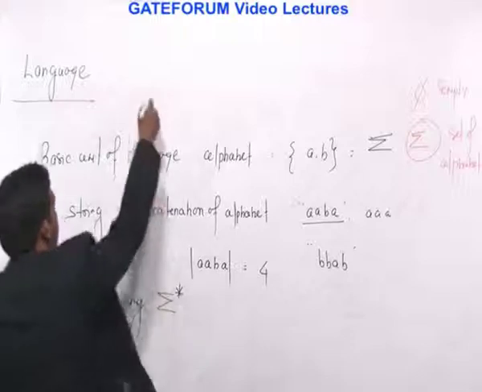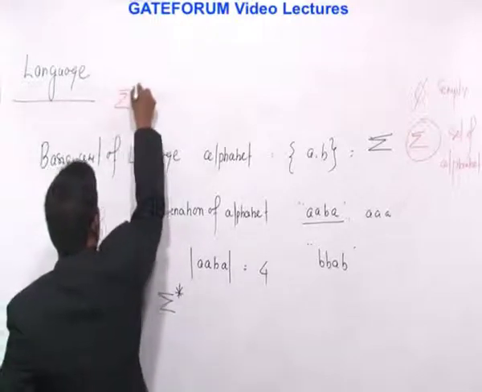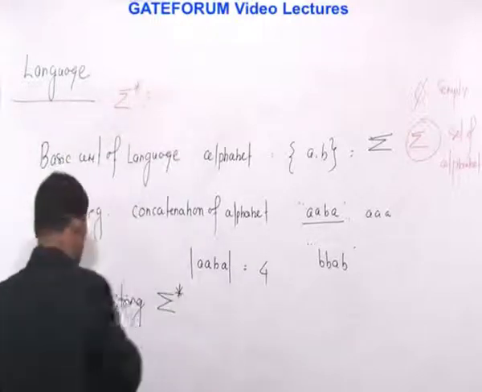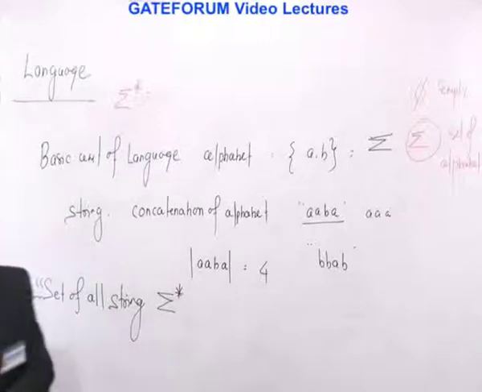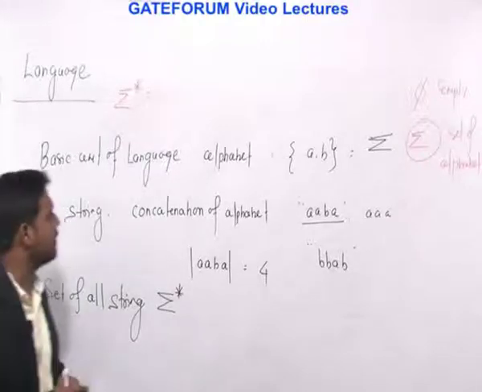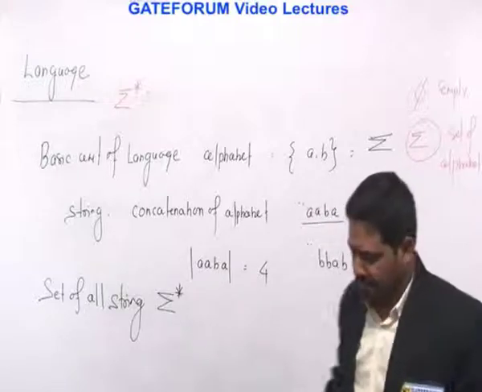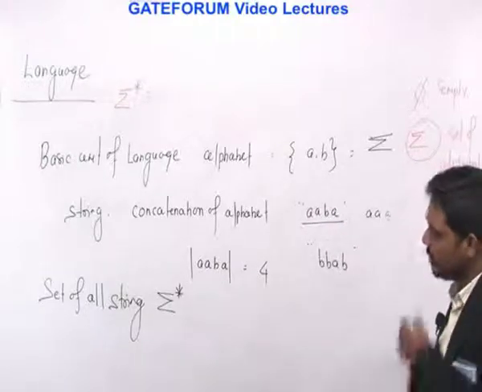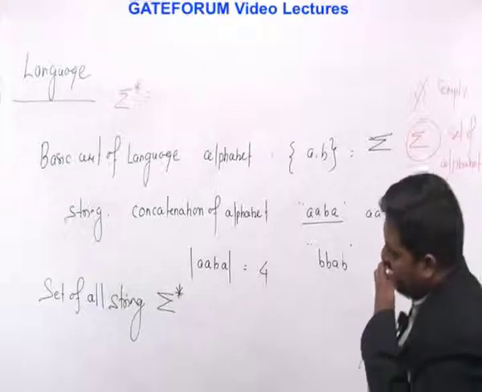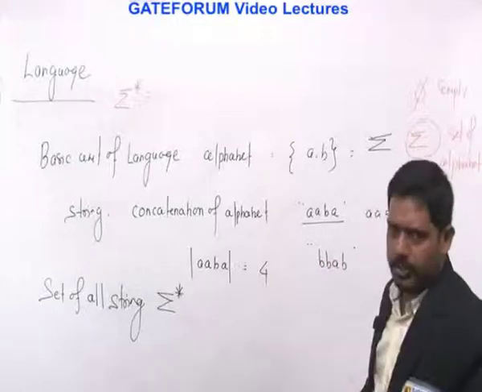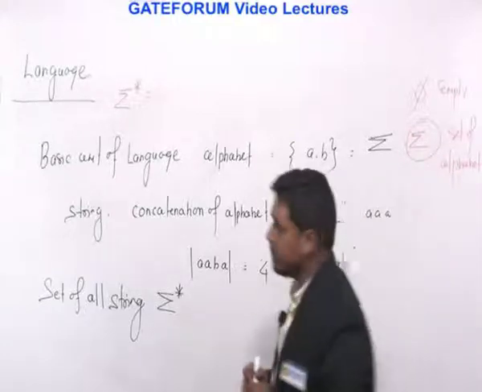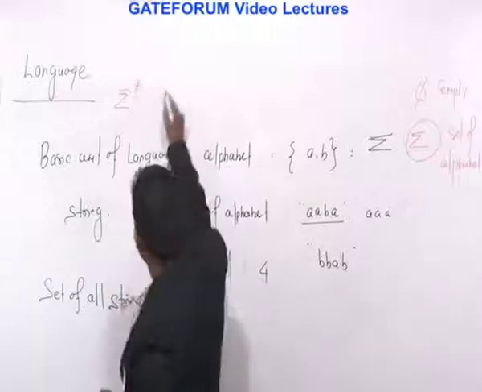So sigma star is the notation for the set of all strings. Now what is the star? I'll come to this. It is related to what we call Kleene closure. We'll come to that later, but right now just go with this; the definition will come later.